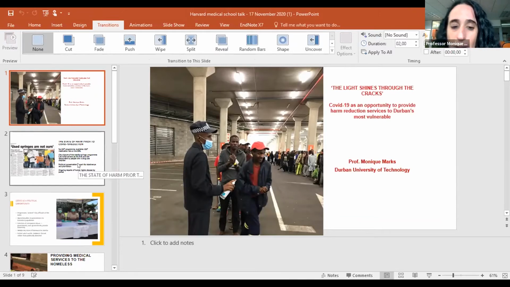Okay, so I'm going to be talking about how homeless people managed to access, probably for the first time, treatment for drug use disorders during COVID at the height of our lockdown. I wanted to give a bit of context to this first before I begin, and then explain what we did.